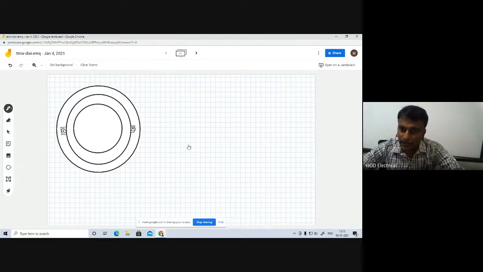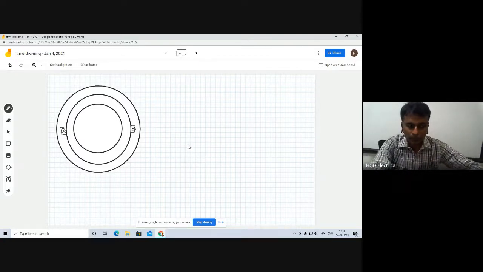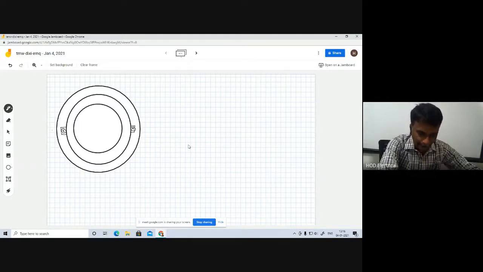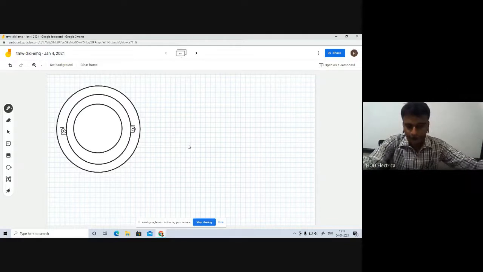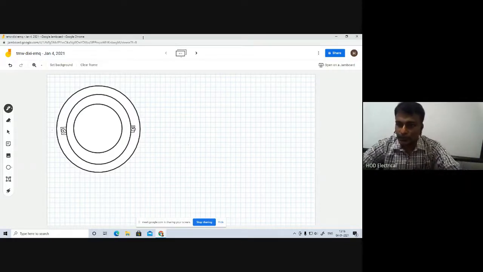Then this is the reference of the stator axis. We have this winding. Then the rotor also has a winding. Assume this is where the rotor winding is placed.